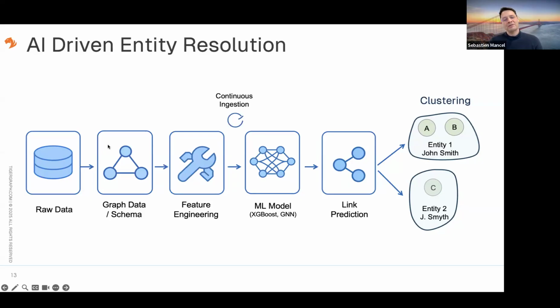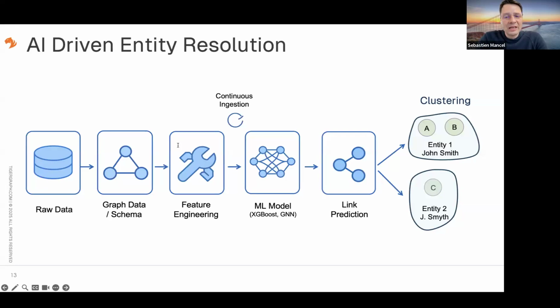Once we have that graph, we create features. These are representations of relationships. For example, features could include the number of shared connections, transaction frequency between accounts, or distance in the graph between two nodes. These features are then used as inputs for our machine learning models.